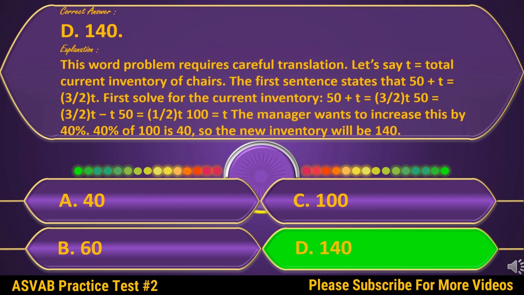This word problem requires careful translation. Let's say T is equal to total current inventory of chairs.